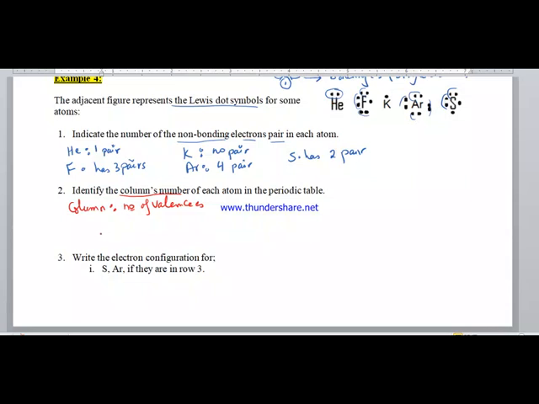So, for fluorine, it has 7 valence electrons: 2, 4, 6, and 7. So the column is 17, since we have 7 valence electrons.